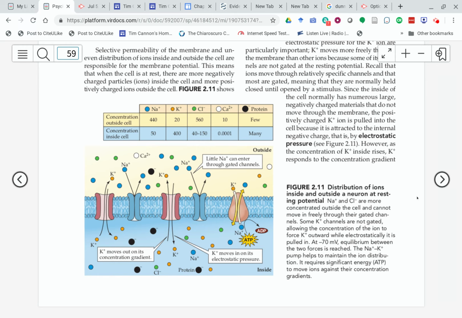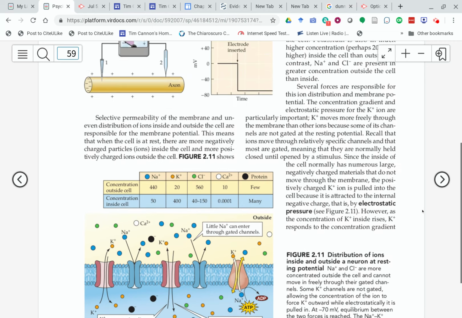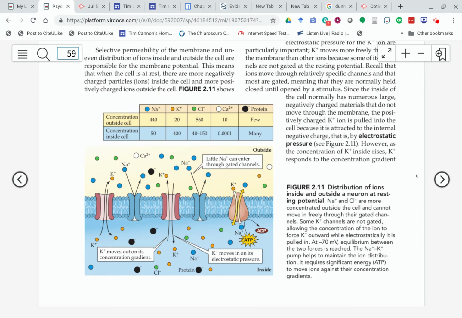But when you think about the action potential, fight the urge to think about this thing turning on and off. What happens is largely channel driven. Electrostatic pressure is driven by electricity. Who would have thought? Concentration gradient is based on concentration. These words were not invented to be confusing. Have faith.